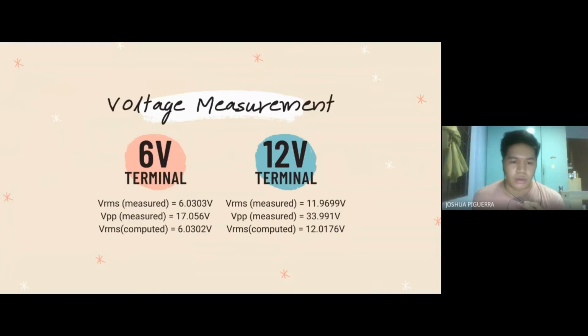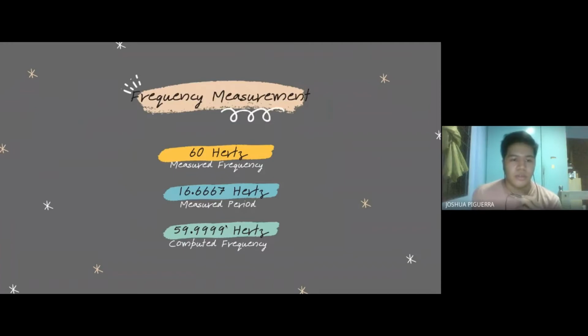The computed VRMS was obtained by using the formula V peak to peak all over 2 square root of 2. For the 12 volts terminal, the VRMS measured is 11.9699 volts, and the V peak to peak measured is 33.991 volts. And the computed VRMS is equal to 12.0176 volts.